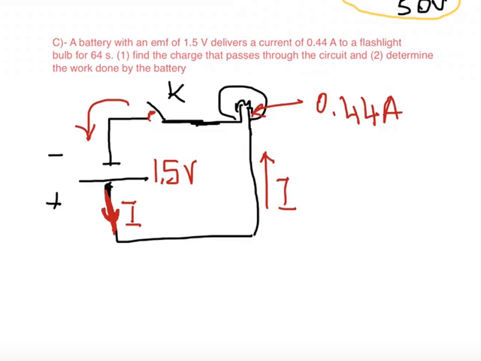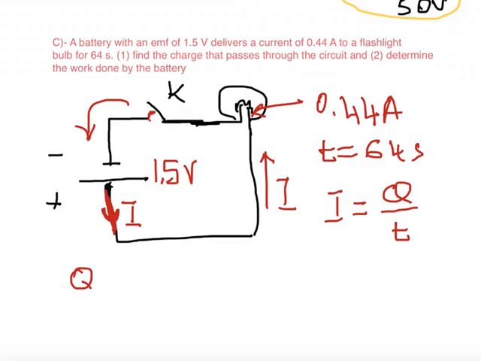Remember that from the text we have the time, 64 seconds. From the previous equations, by definition an electric current is the charge passing through a portion of wire, or at a certain point of the wire, divided by time. Since the question is about Q, from here we can solve Q equals I times T.